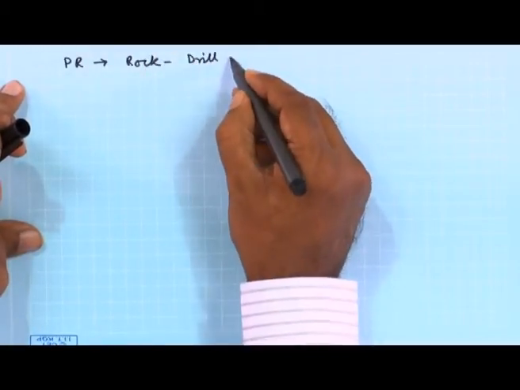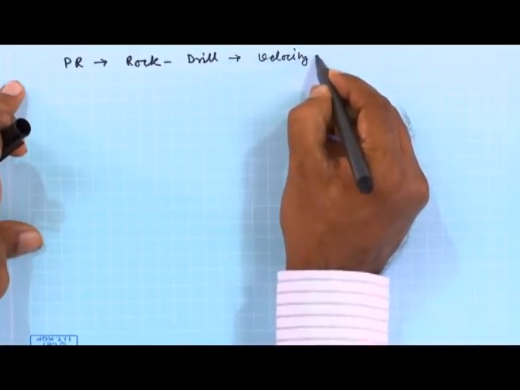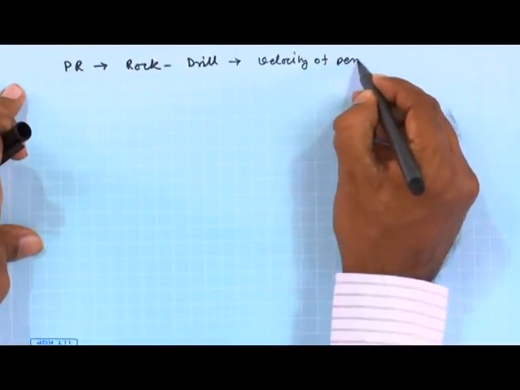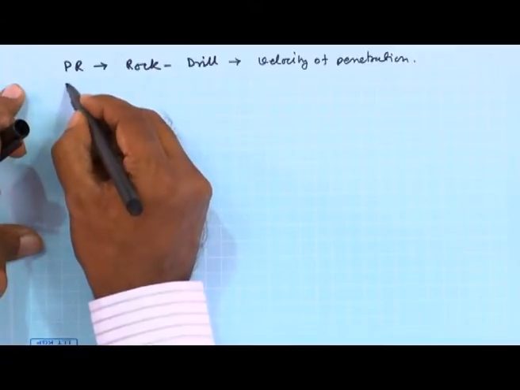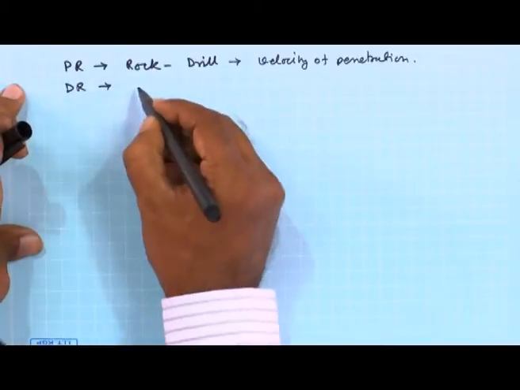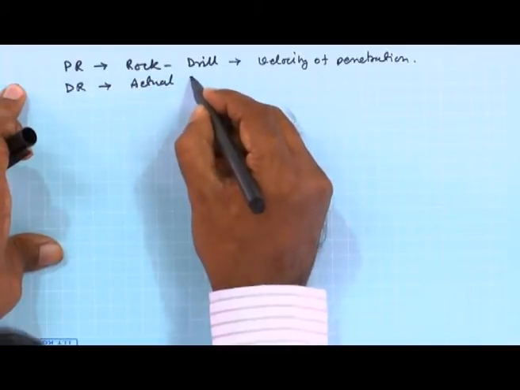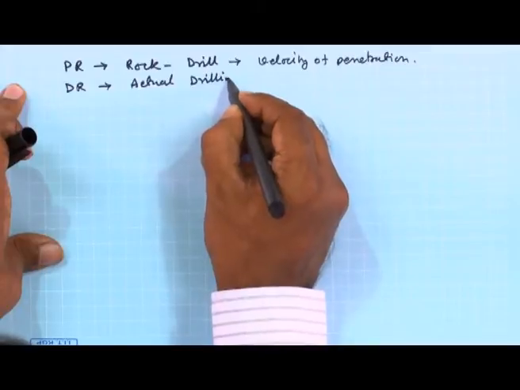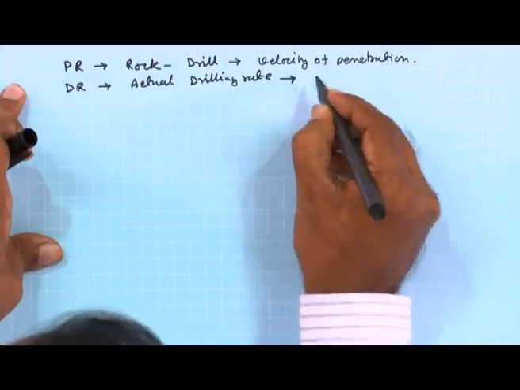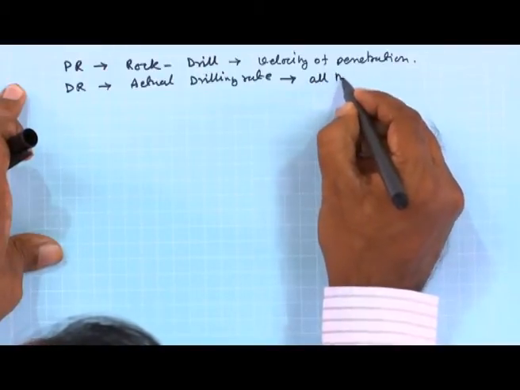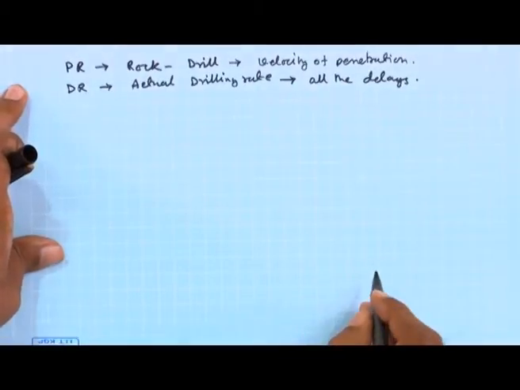The penetration rate is nothing but the velocity of penetration, whereas drill rate is basically the actual drilling rate which is achieved considering all the delays which are unavoidable.